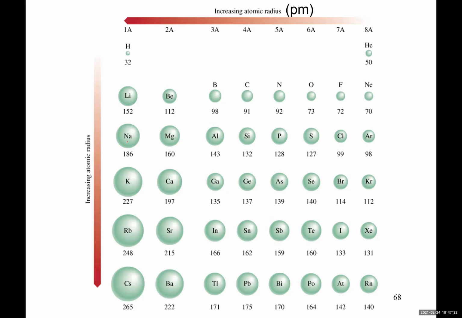As I go on the third row from sodium to magnesium to silicon, the atoms are getting smaller. And this continues as I move in a period from left to right. And in fact, as you move down a column, atoms are getting larger.